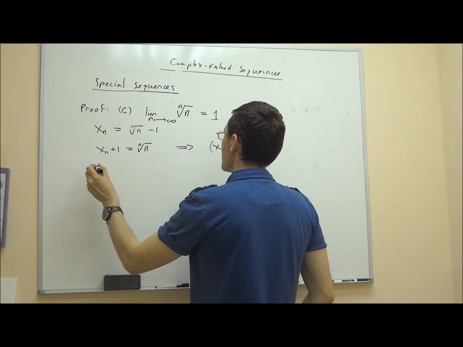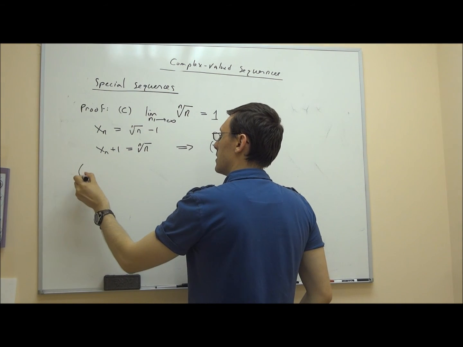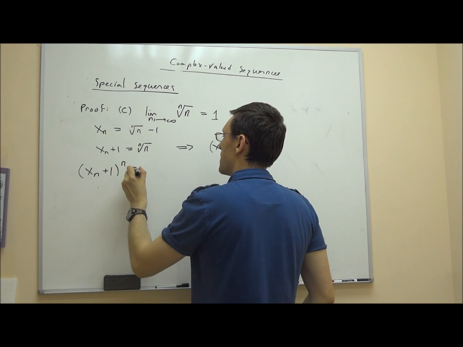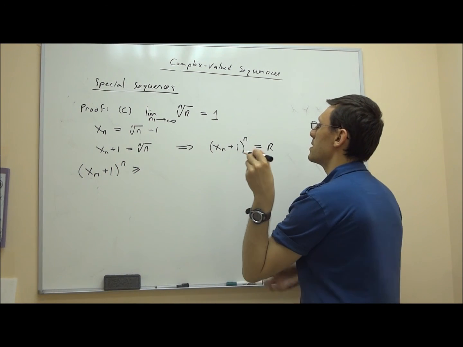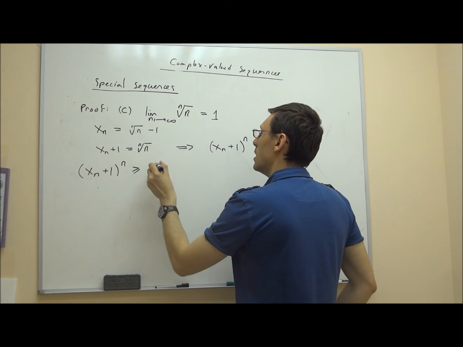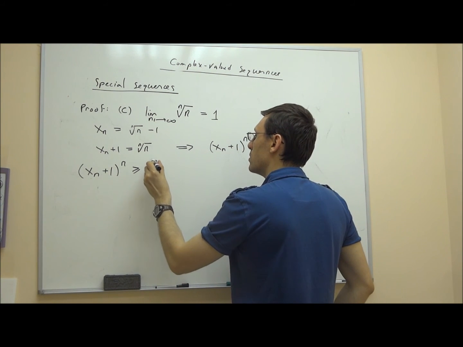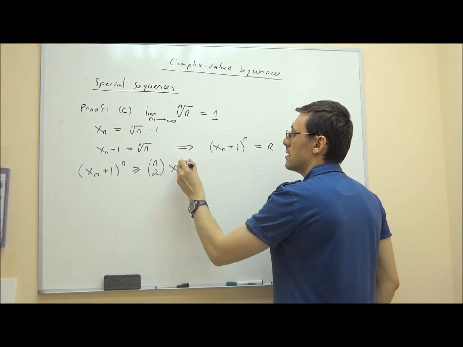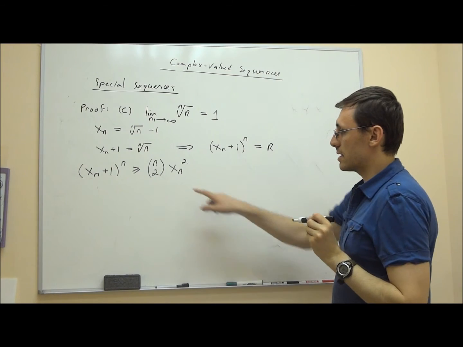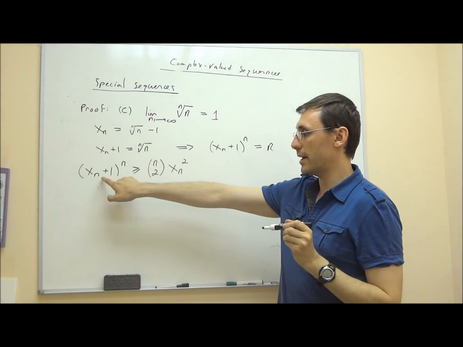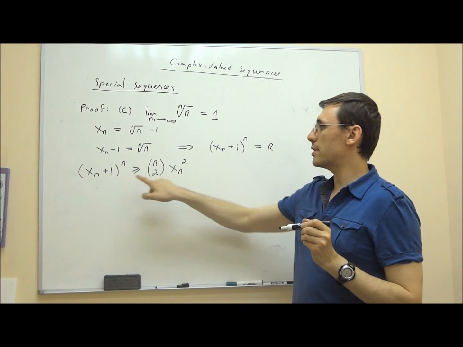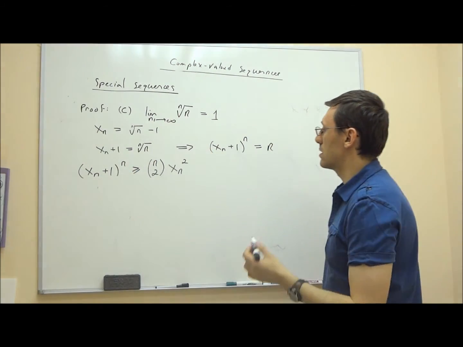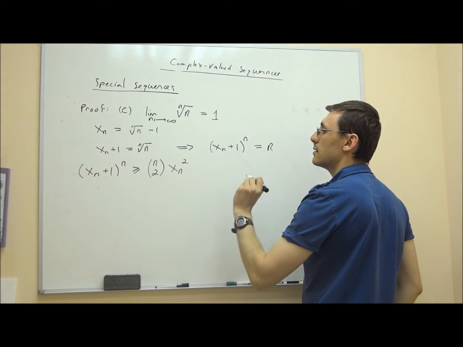So we have that xn plus 1 to the power n is always bigger than or equal to n choose 2 times xn squared, because this is just part of the sum of the binomial expansion of this number, and each part of that sum is positive.